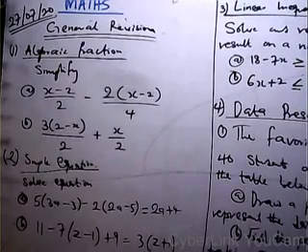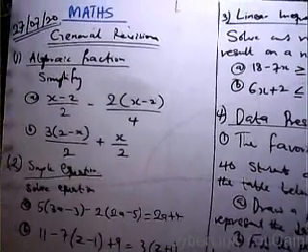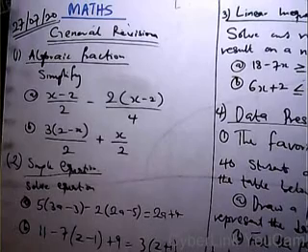Second one is a simple equation, whereby you solve the equation: 5 into bracket 3a minus 2 minus 3 close bracket, minus 2 open bracket 2a minus 5 close bracket, everything equals 2a plus 4.